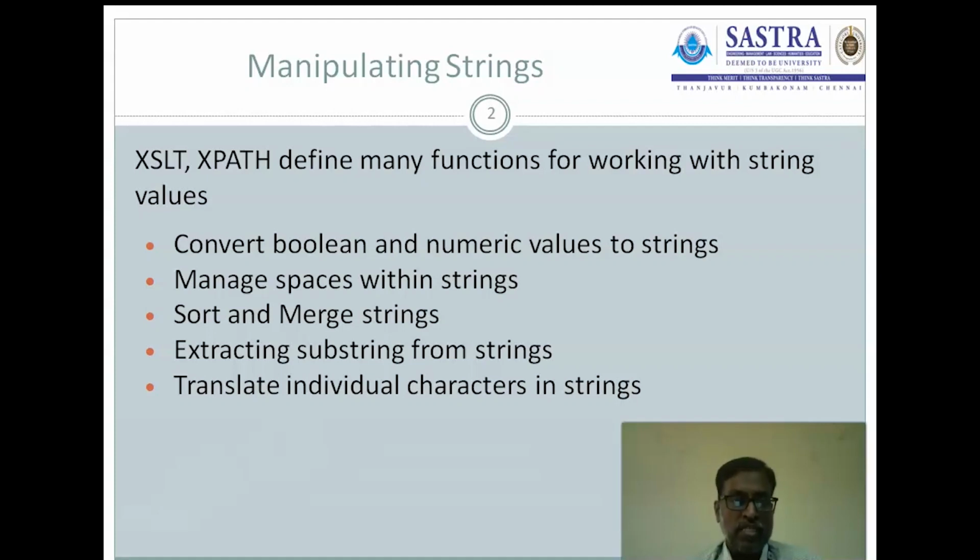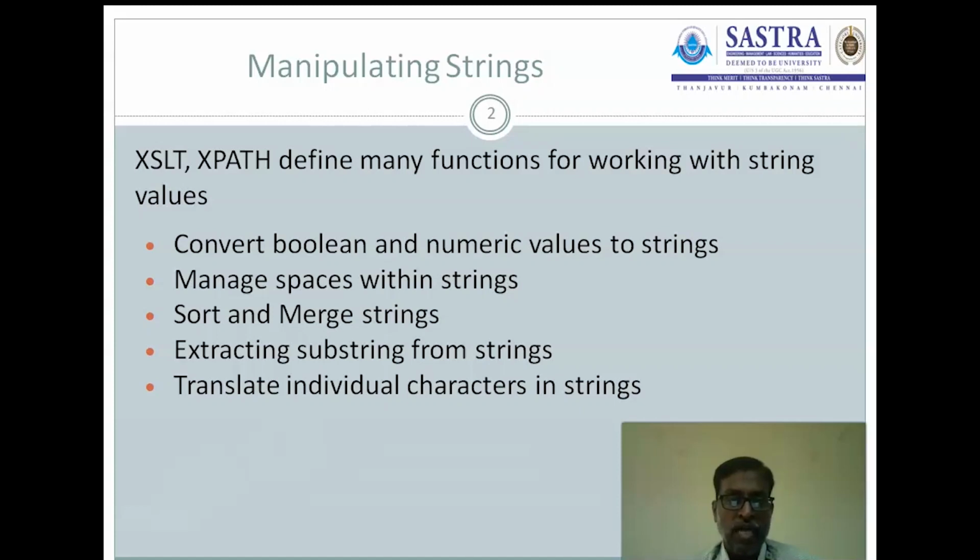And for sorting a set of strings, XSLT defines sort functions, as well as merging strings. More strings can be merged together and returned as a single string. In order to merge strings, XSLT defines a merge function.